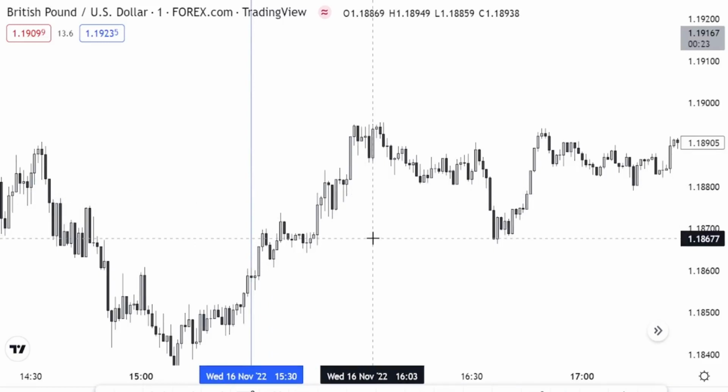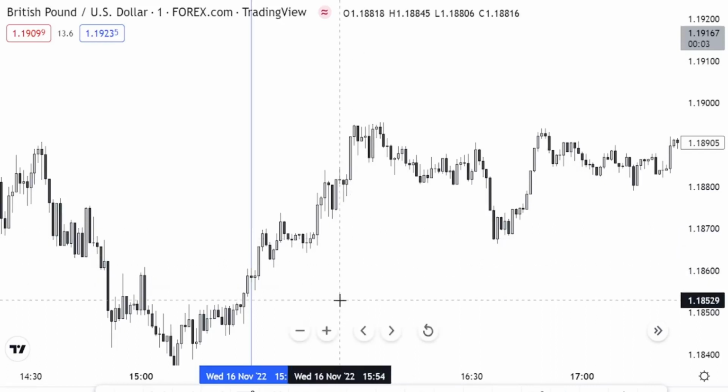Now remember, all the rules I told you about on your higher time frame, which is the 15M, must be applied here. I'm now going to give you additional rules to add to the rules I have told you on the M15.